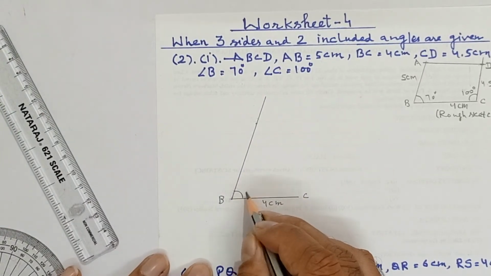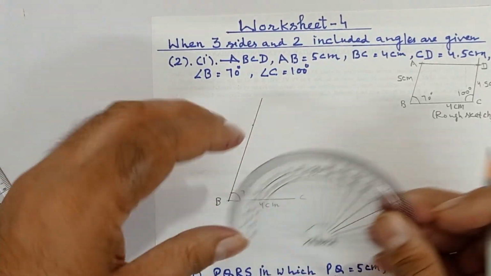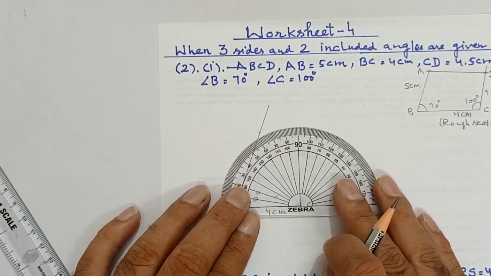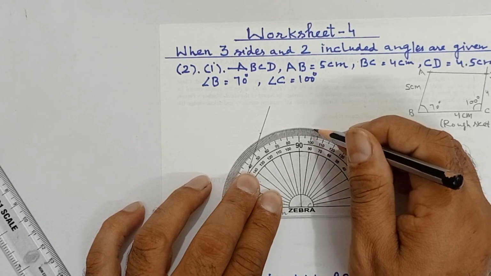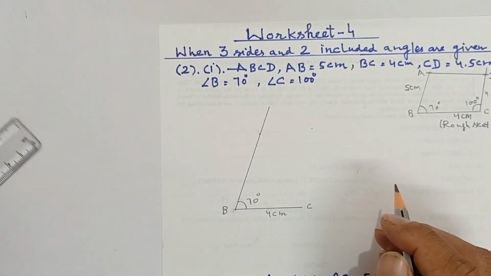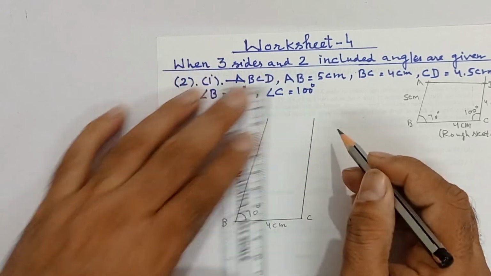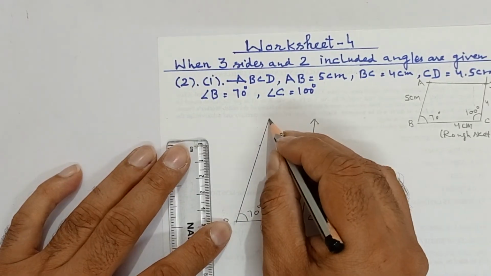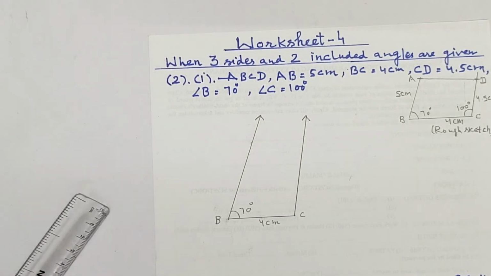This is 70 degree. At point C you are to make 100 degree, and you are making the angle on the right side, so here you need to take outer scale 100 degree, this, and join this and extend the line, arrow on both sides. AB is 5 centimeter.